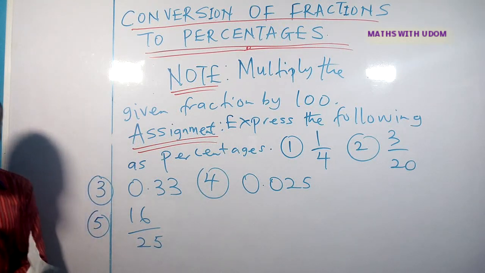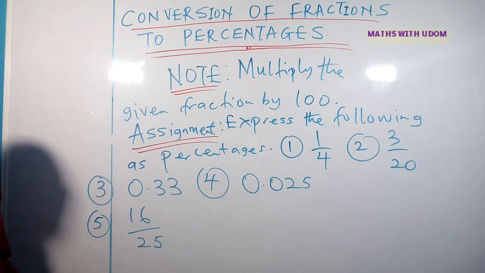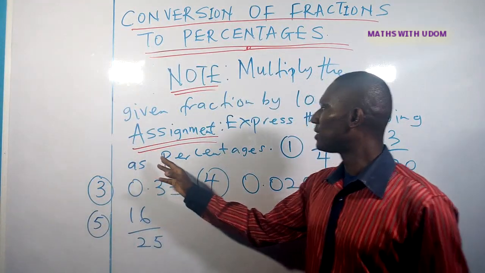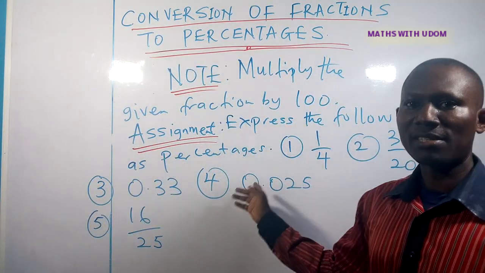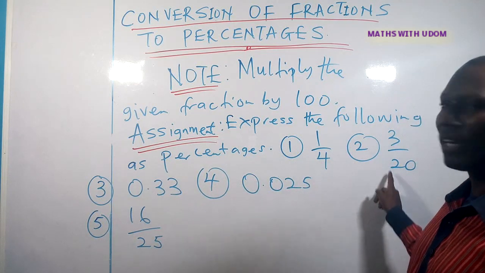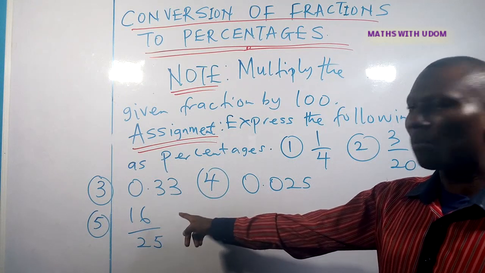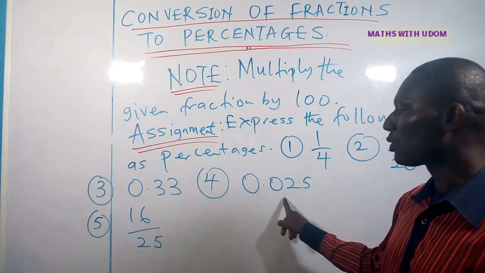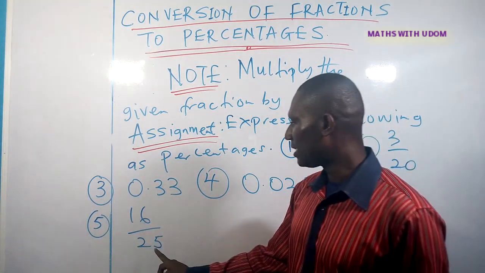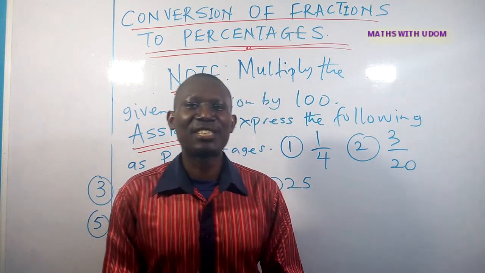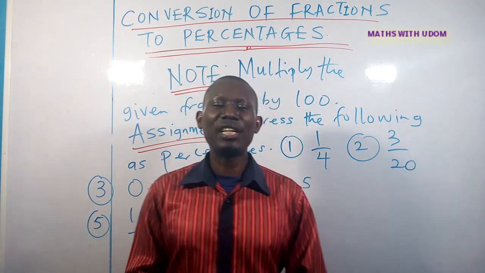Okay, so these are your assignments for today. You said express the following as percentages. We have 1 over 4, 3 over 20, 0.33, 0.25, 0.025, then we have 16 divided by 25. So these are our assignments for today's class.